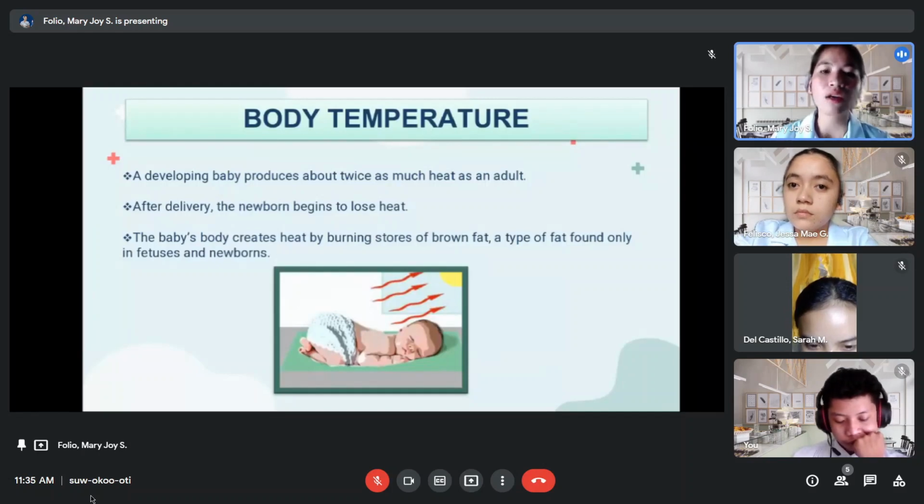Fever is defined as body temperature elevated above the normal, and it is generally accepted that for an appropriately dressed child at rest, fever is present with a rectal temperature of 38 degrees Celsius or 100.4 degrees Fahrenheit, or an oral temperature of 37.2 degrees Celsius.